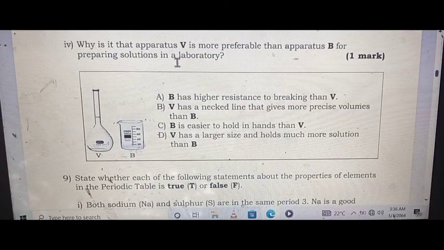Why is apparatus V more preferable than apparatus B for preparing solution in a laboratory? The correct answer is letter B. V has a graduated line that gives more precise volume than B.